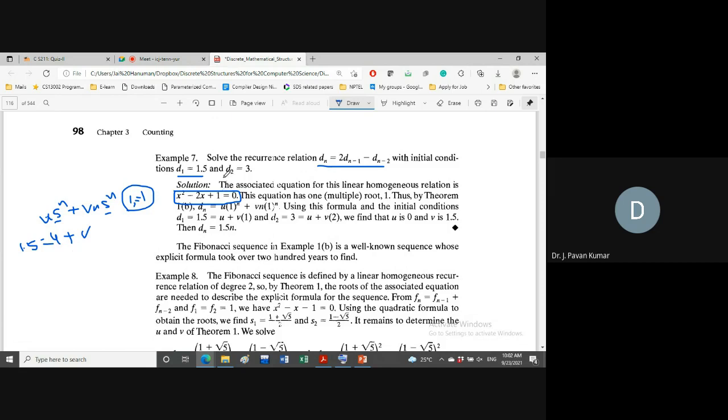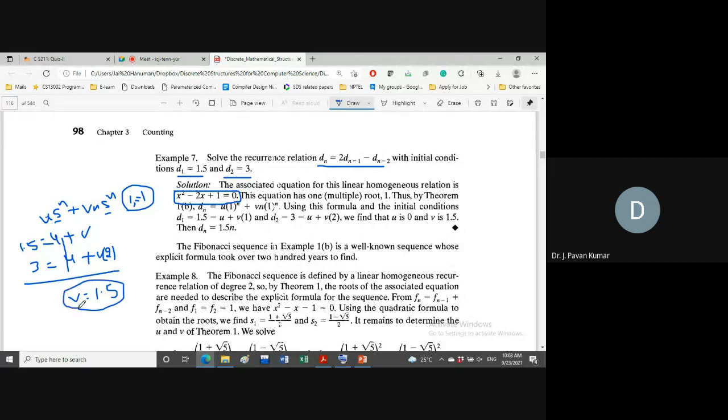Next, by considering d2 is equal to 3, we substitute 2 here. 1 power 2 is 1 only, and v into 2, so u plus v is equal to 1.5 and u plus 2v is equal to 3. By subtracting, we get v is equal to 3/2.